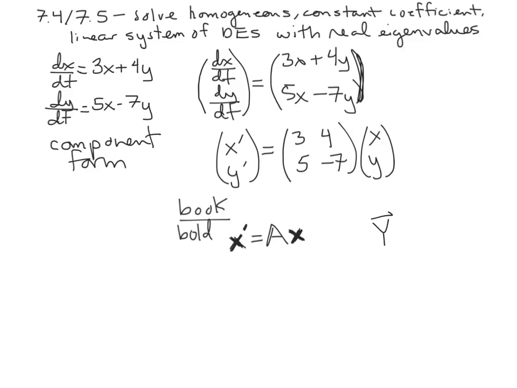It's not an X, it's not a Y, it's at least a capital Y prime to denote that it's a vector, and then A times some Y. Something like that is what I usually like to do. I like to use arrows instead of bold. All right, okay, so now we've got the component form, and then this here would be the matrix form. Matrix form because it's got a matrix. And that's really the form that we need these in order to solve these, because it's the matrix that's going to give us the eigenvalues that are going to tell us the solution.